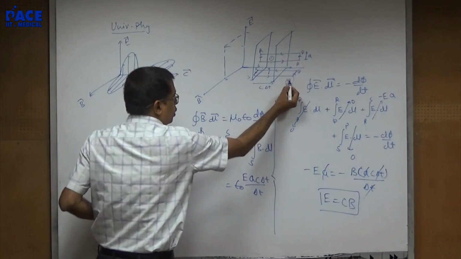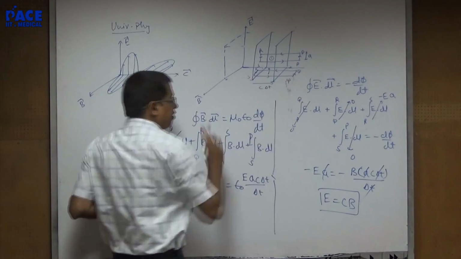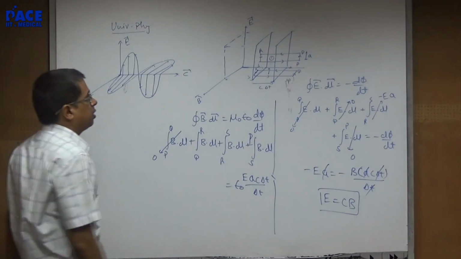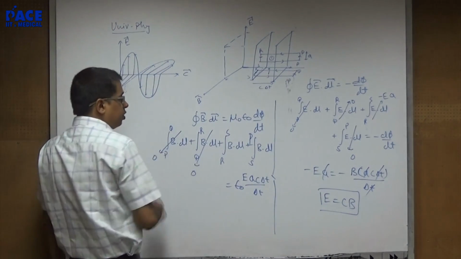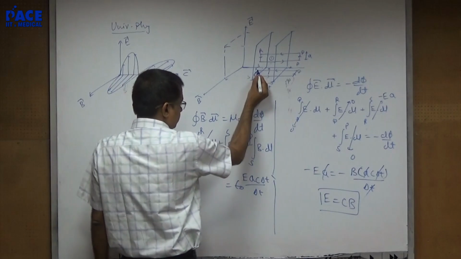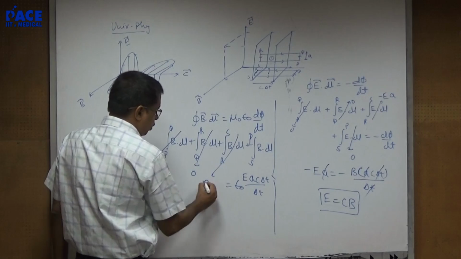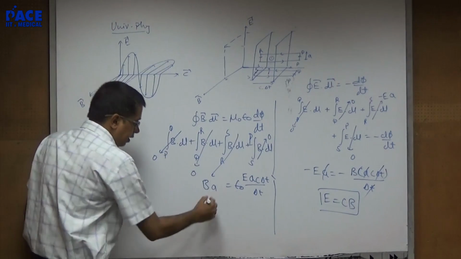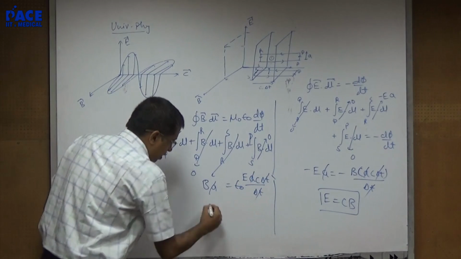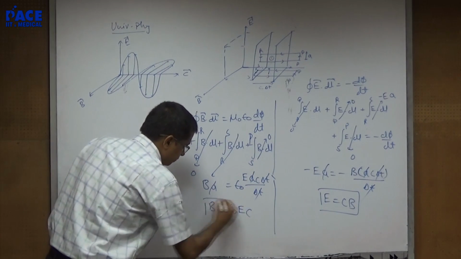Now P to Q, you will understand that magnetic field is zero. Electromagnetic wave did not come till there. Q to R, B dot dl will be zero because they are perpendicular. R to S will be B into A. S to P will be zero because they are perpendicular. Now A and delta t will go, epsilon naught EC remains.